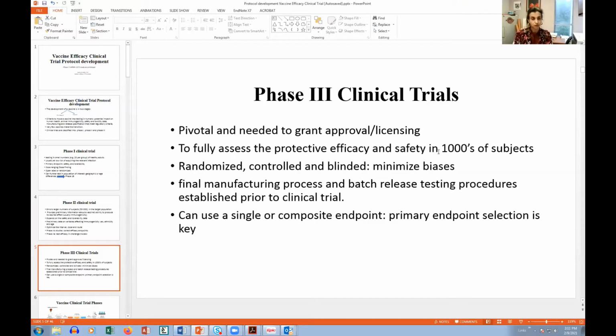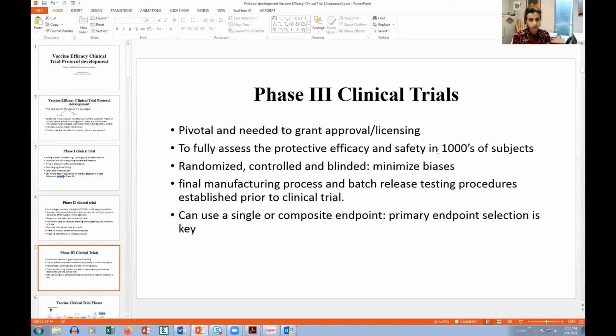They're usually randomized, controlled, and blinded, and that is to minimize biases in collecting these data and giving reassurance about the differences between groups. And a vaccine that reaches phase 3 clinical testing usually has specific manufacturing and batch release specifications that are met to allow the regulatory agencies to take these data into account as they review the whole portfolio.